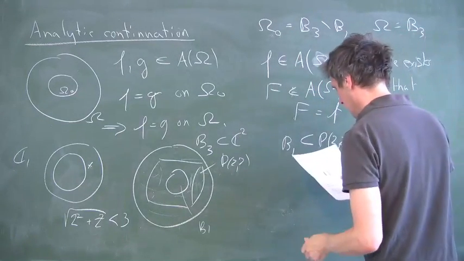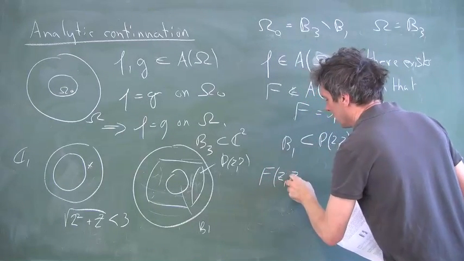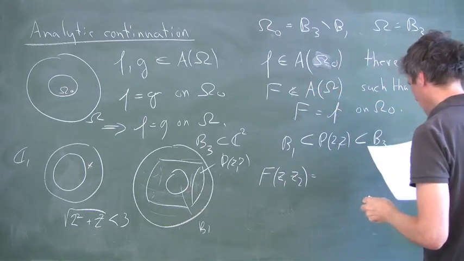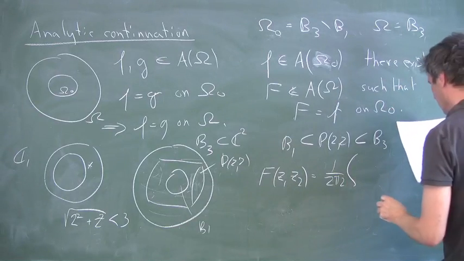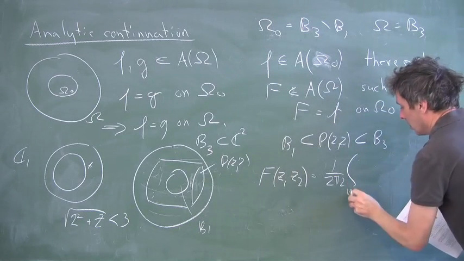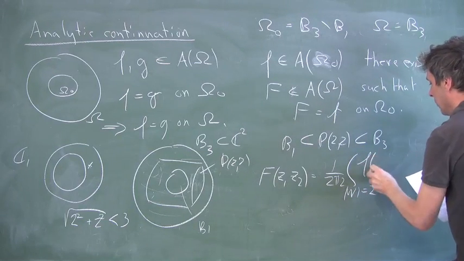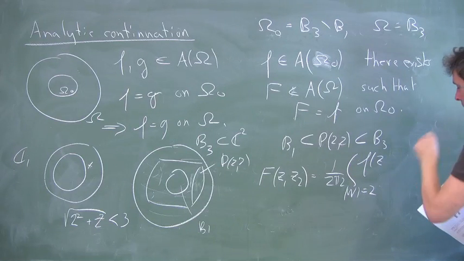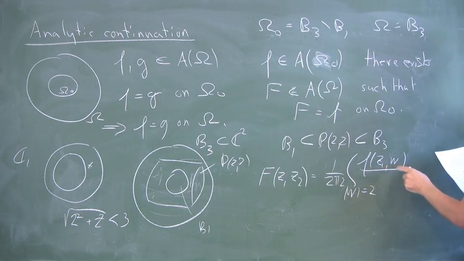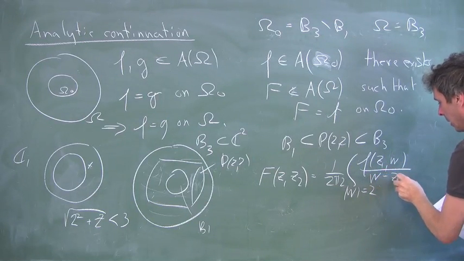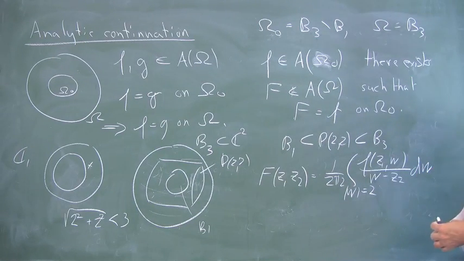So we define the function F of Z1, Z2 to be equal to 1 over 2 pi i times the integral over the absolute value of W equal to 2 of f of Z1, W divided by W minus Z2 dW.